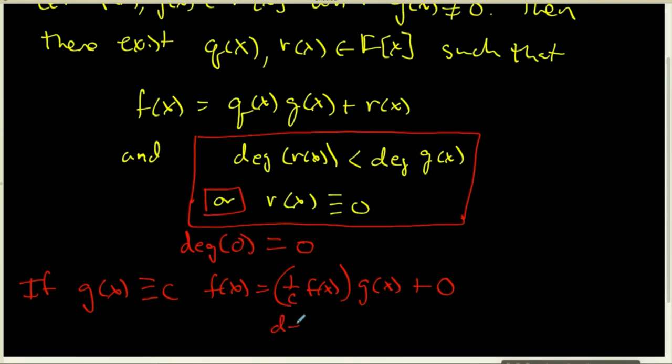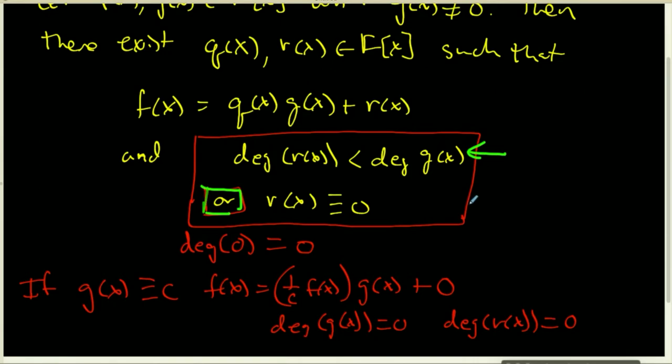And we've got the degree of g(x) is equal to 0, and of course the degree of the remainder is equal to 0, but because of this "or", it doesn't matter that the inequality is not satisfied, because this particular provision is satisfied.